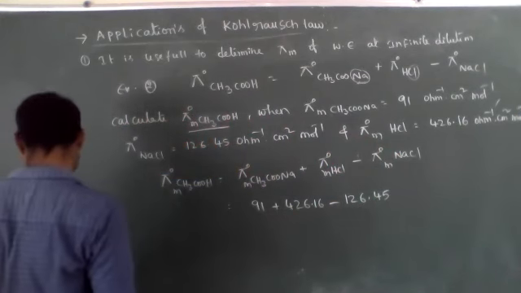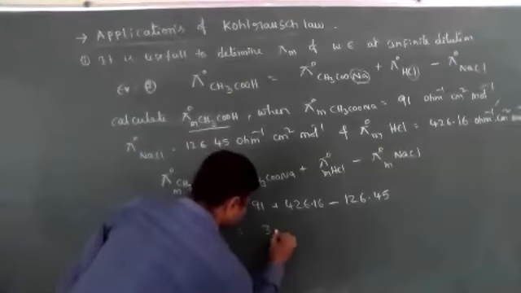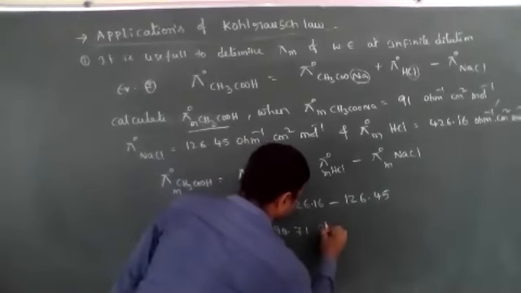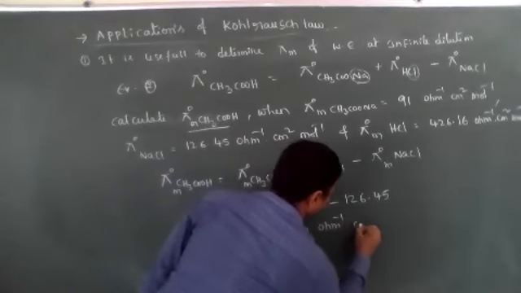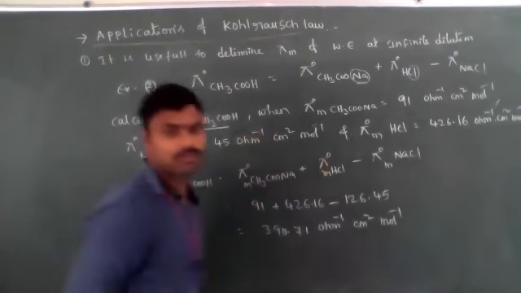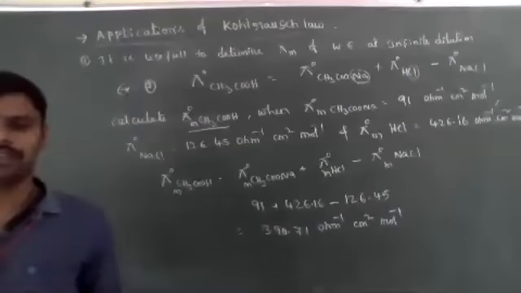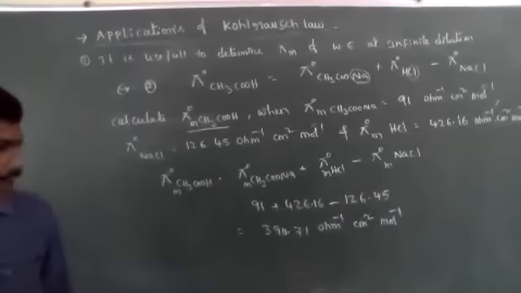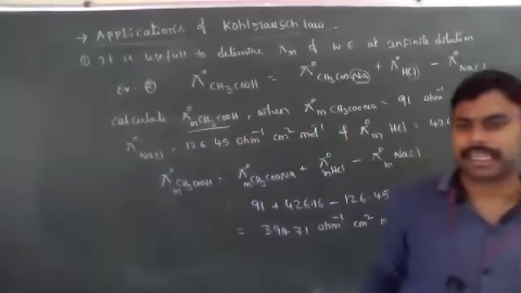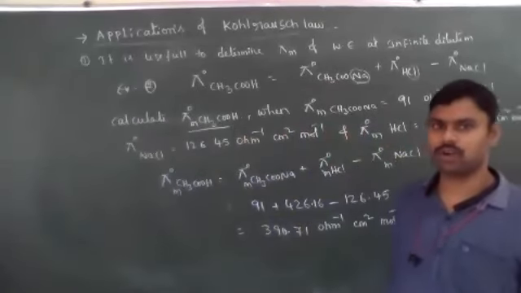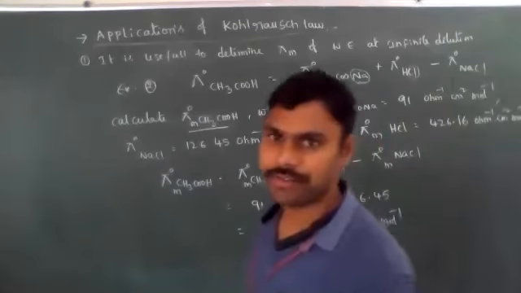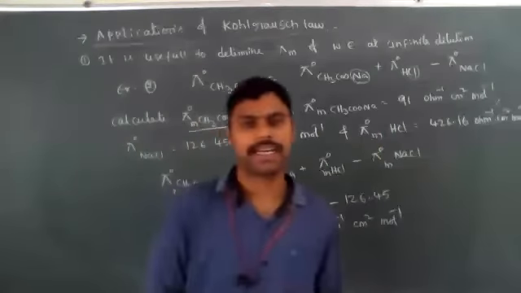Then we'll get the value 390.71, units are ohm inverse centimeter square mole inverse. So like that we can calculate the molar conductance of acetic acid at infinite dilution. So Kohlrausch law is useful to determine the molar conductance of weak electrolytes at infinite dilution.